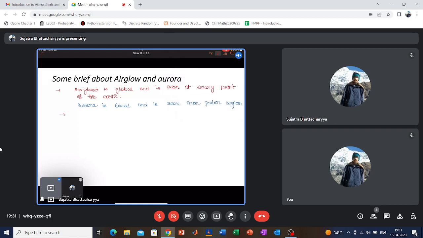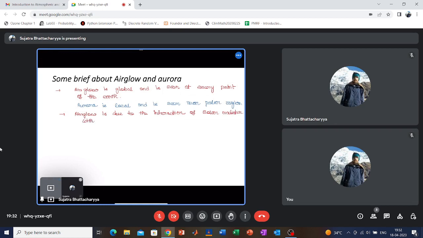The second point is air glow is due to the interaction of solar radiation with atmospheric constituents. What about aurora?